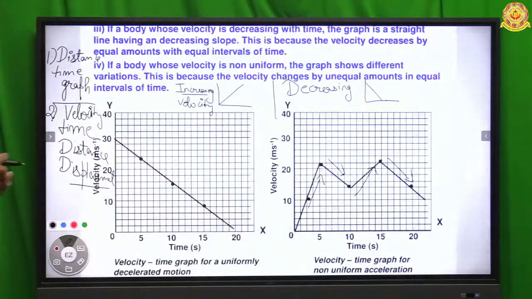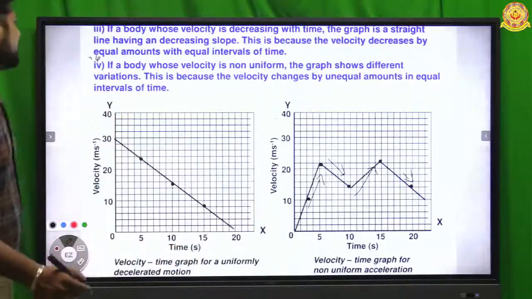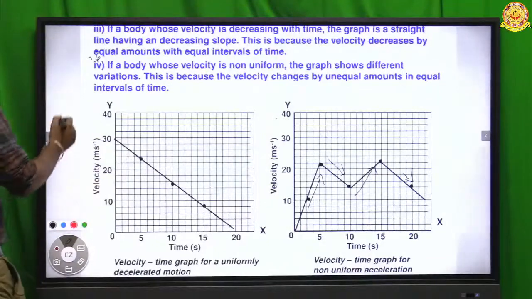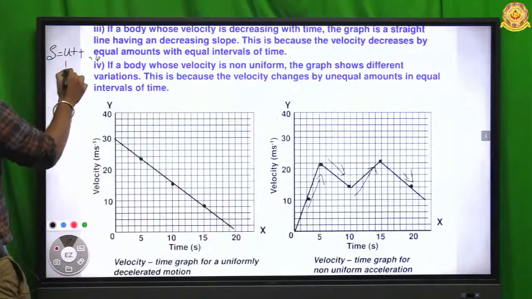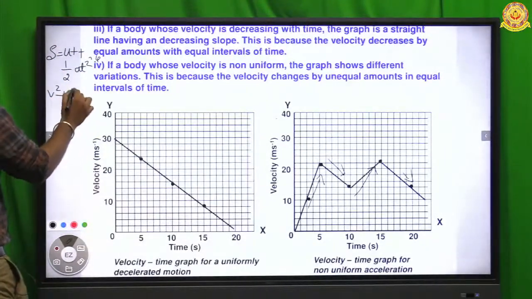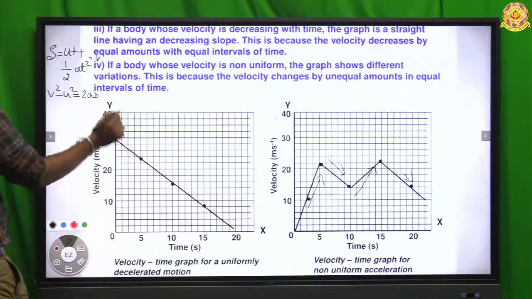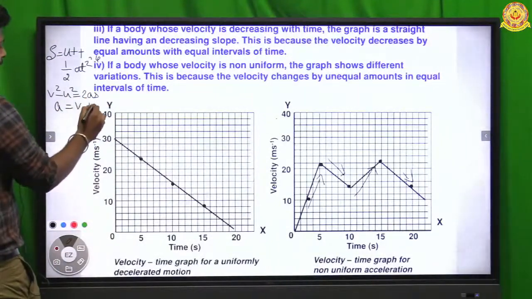Now we are left with the three equations of motion. We have done the formulas also: S equals ut plus half at square, v square minus u square equals 2as, and a equals v minus u upon t.